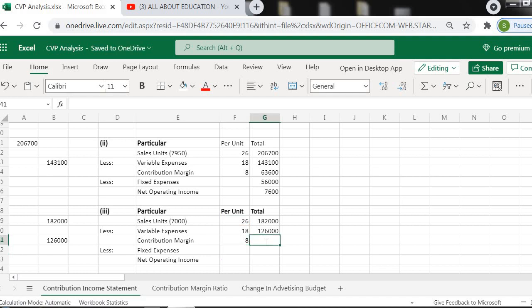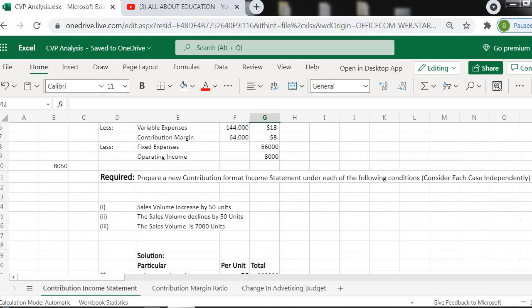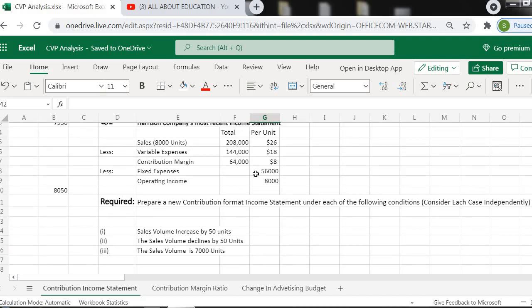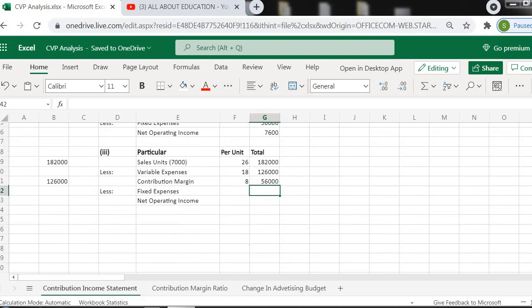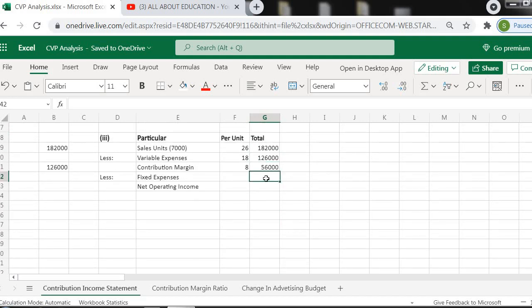So when we deduct this 1,26,000 from 1,82,000, so what we get? 56,000, right? This is our contribution margin. Now we have to deduct the fixed expenses. The fixed expenses are 56,000.